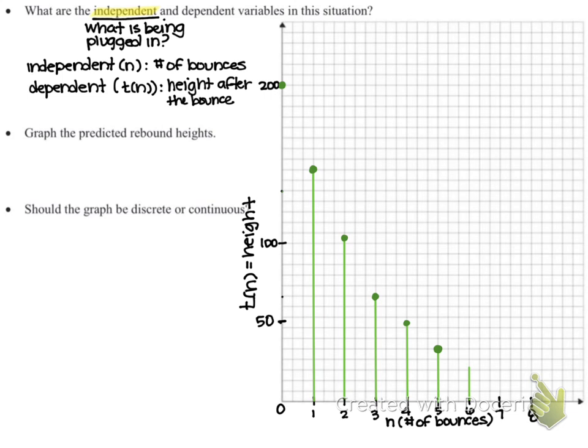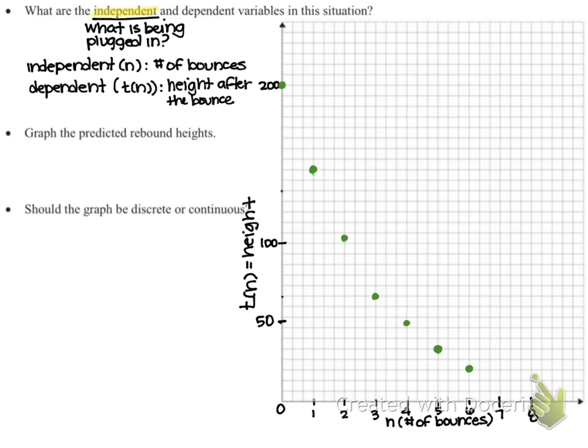So probably around there. Okay, those are the points that I have connected. So let me go ahead and get rid of my green lines that I put on there, since they're not technically part of the graph. They were there just to help me figure out where the points were, because we've got so many boxes here. Okay, so those are the points that we found. Go ahead and plot them. Graph the predicted rebound height.